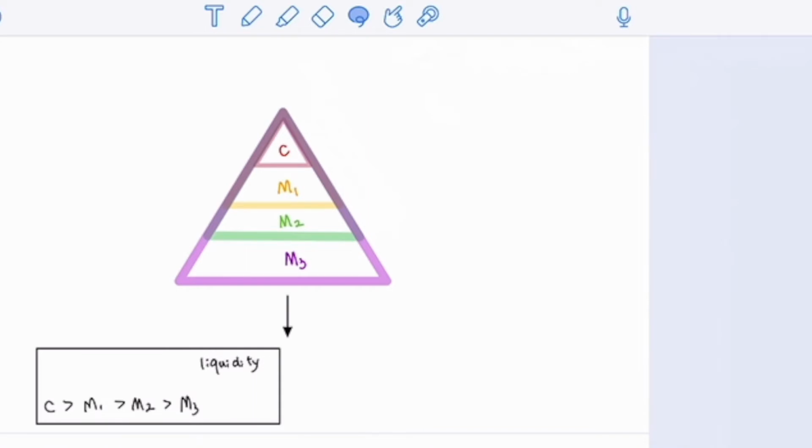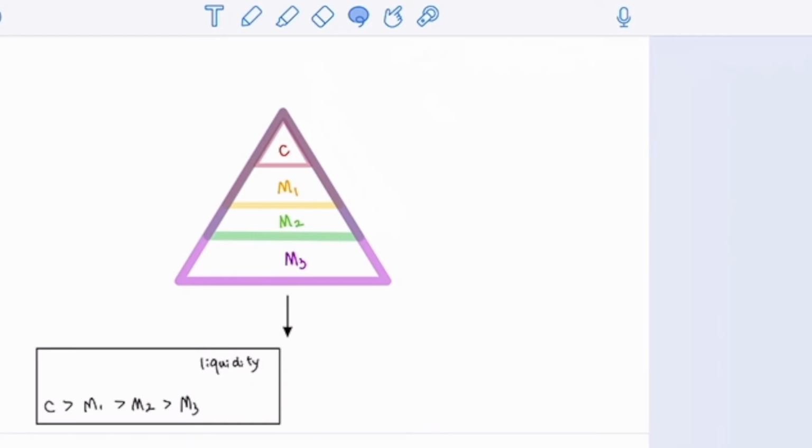If it is M1, which includes the demand deposit, you can simply use your ATM card or your debit card to buy goods. Even though it is in the bank, you can still use it if you have the ATM card. If you do not have the ATM card, you can go to the ATM machine, withdraw the money, then go pay for the goods that you buy in the market. Therefore, M1 is less liquid than the currency.